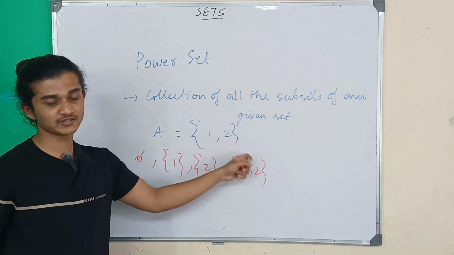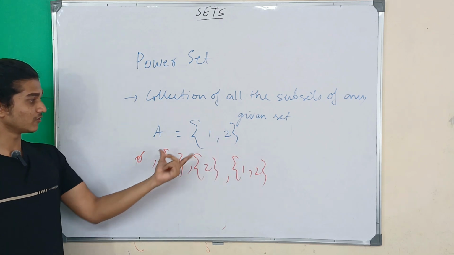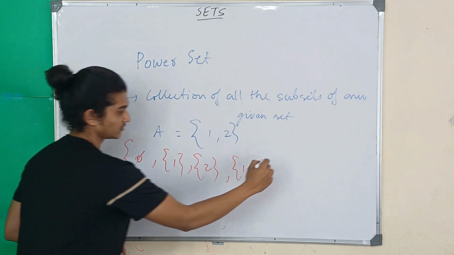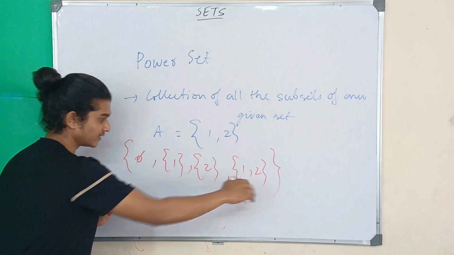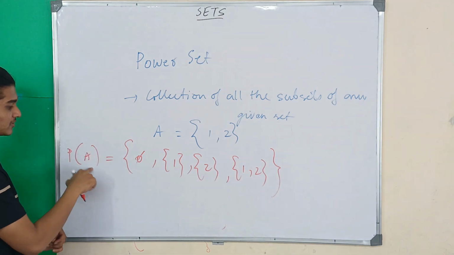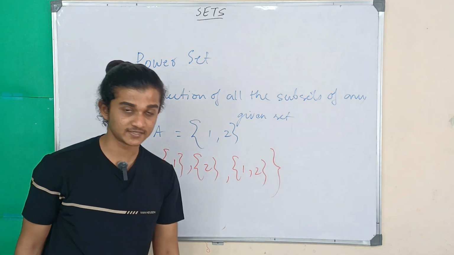So you can see every single element is there. These are all the subsets of A. Now if I collect them and make a whole unique set, I can call this the power set of A. So the power set of A is just the collection of all the possible subsets of the set.